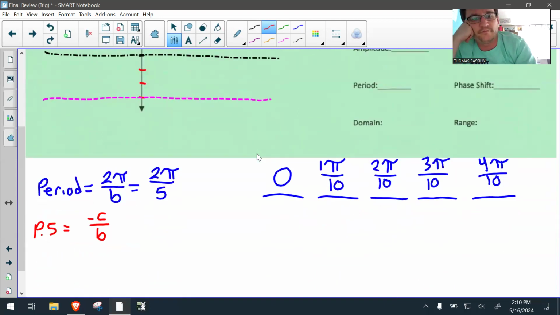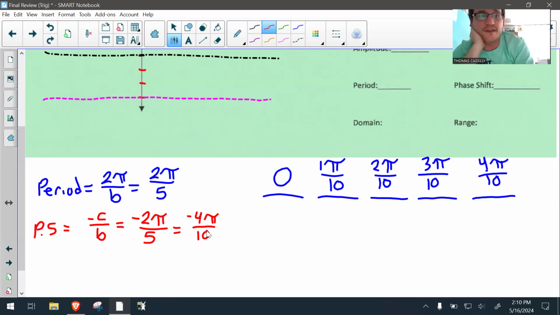So the phase shift here is negative 2 pi over 5. And if I wanted to make life easier, everything over here is in terms of tenths. So I'm going to call this negative 4 pi over 10. All right, so that is my phase shift here.